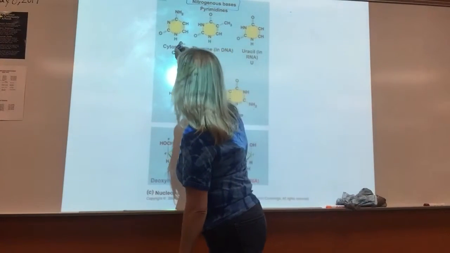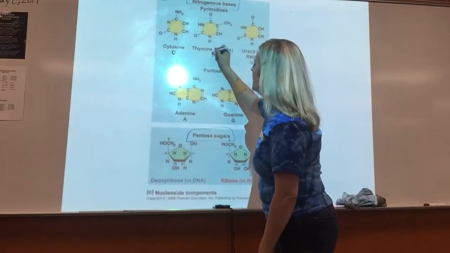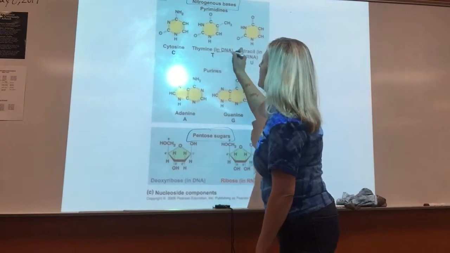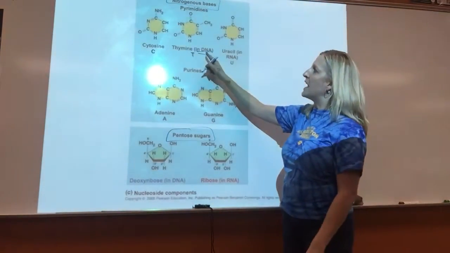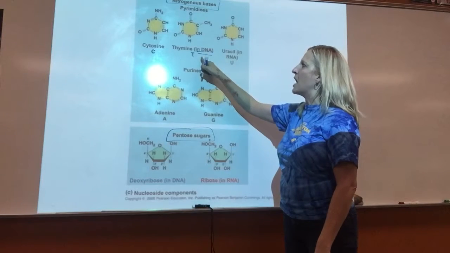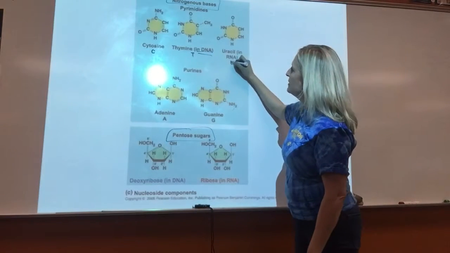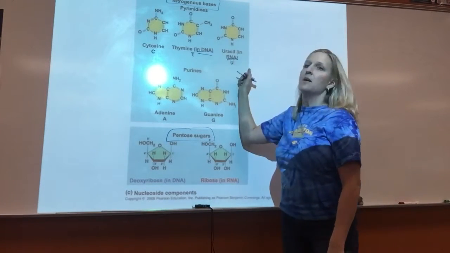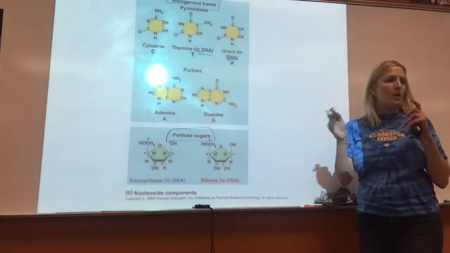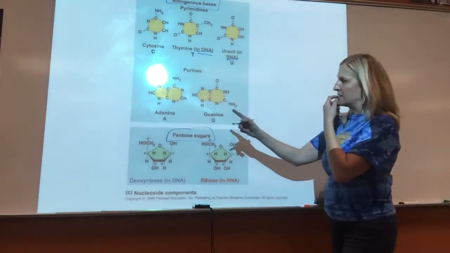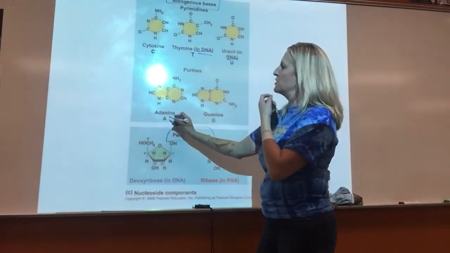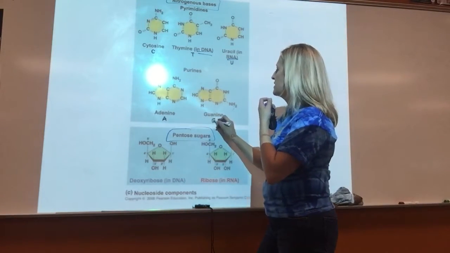They shorthand cytosine with the C and thymine with the T. Notice that thymine is the base in DNA, meaning that it's not in RNA. And then uracil, U, is in RNA, but not in DNA. That's a big difference between DNA and RNA, the base difference. Purines, with the two rings, are adenine and guanine.